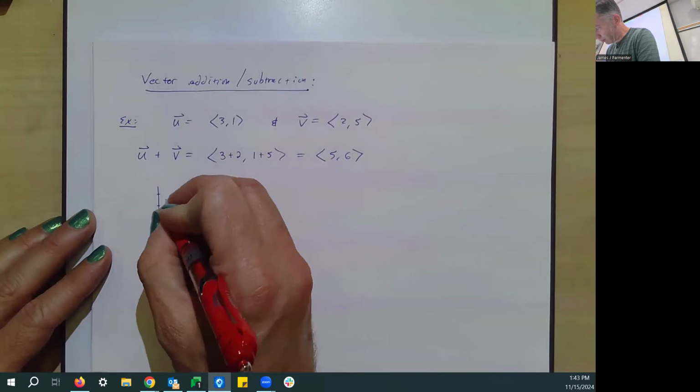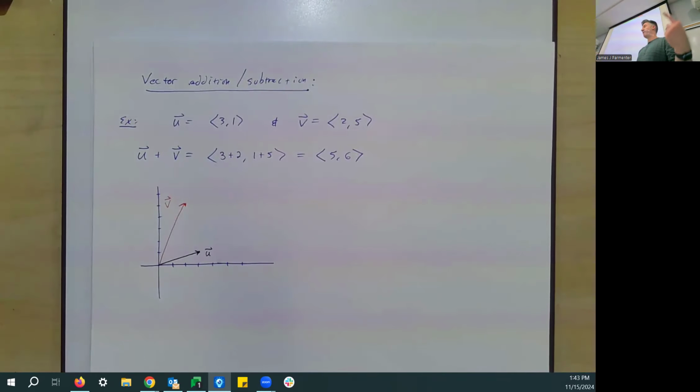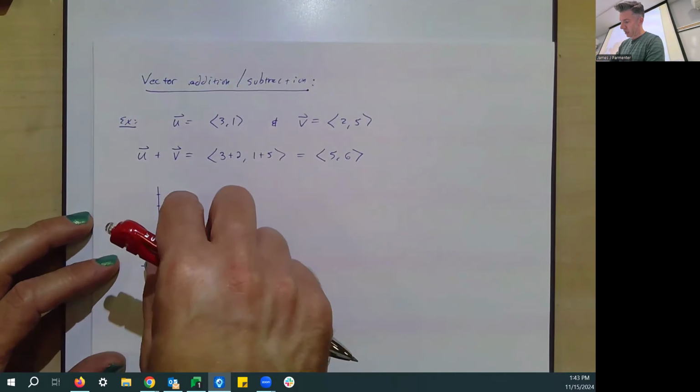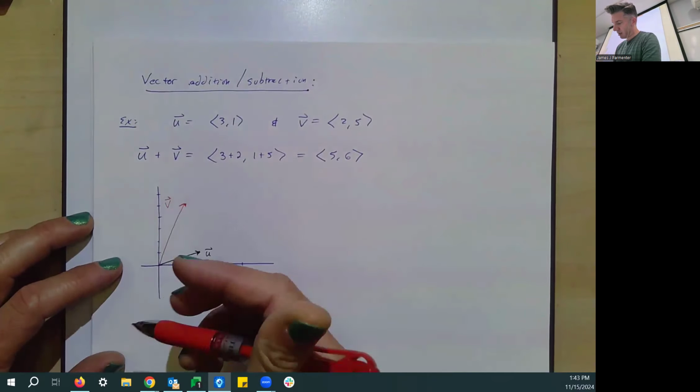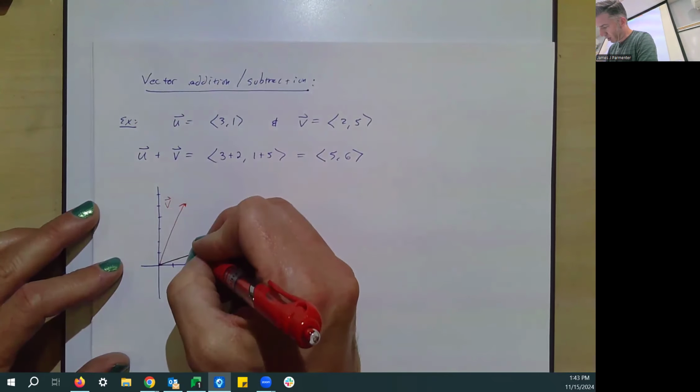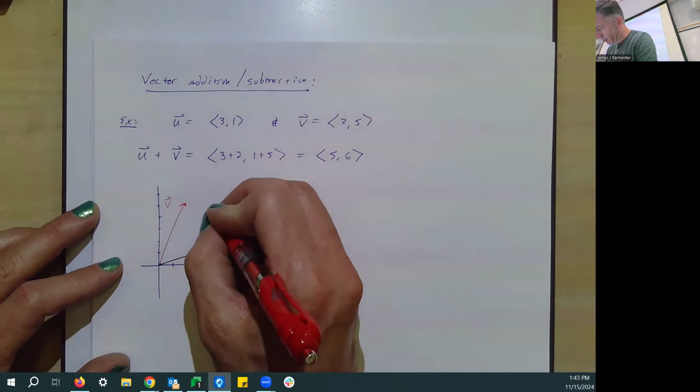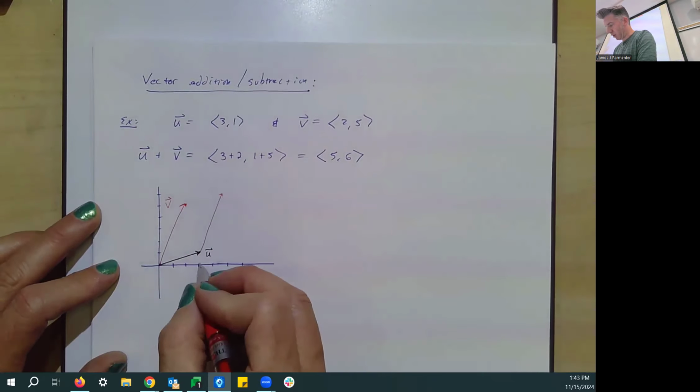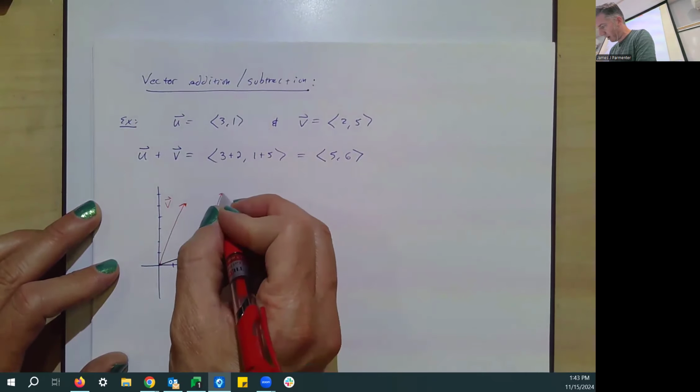There's my vector v. And then if I want to add v to u or u to v, it doesn't matter which order I do it in because vector addition is commutative, right? Either order doesn't matter. I'm just going to take v here and essentially slide it over so that its tail is on the head of u. So I'm just going to go like that. Essentially, I'm going to start here and then go over 2 and up 5.